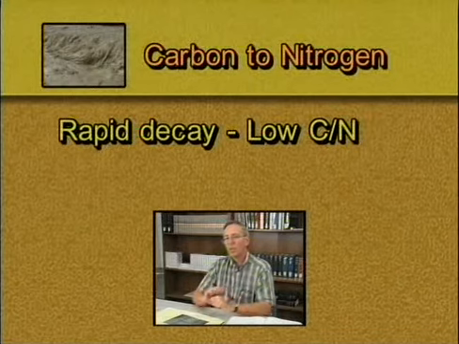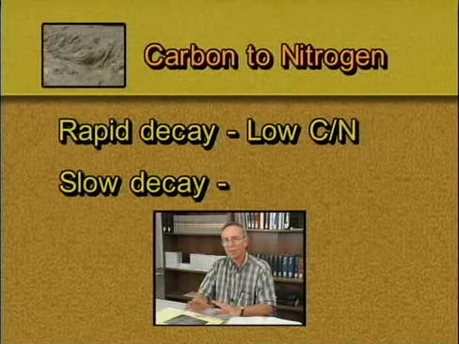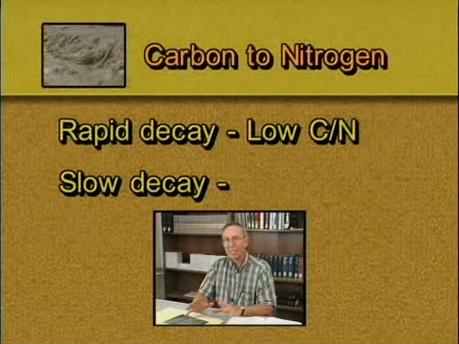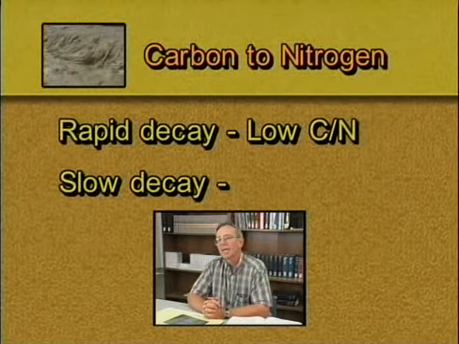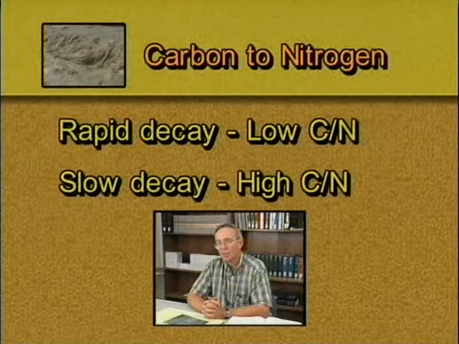If, on the other hand, you want a residue to remain there for a longer period of time, to provide some protection to the soil, some mulching effect, and help increase water intake and aeration into the soil, which these organic residues often do, then you would want a material that had a higher carbon to nitrogen ratio.